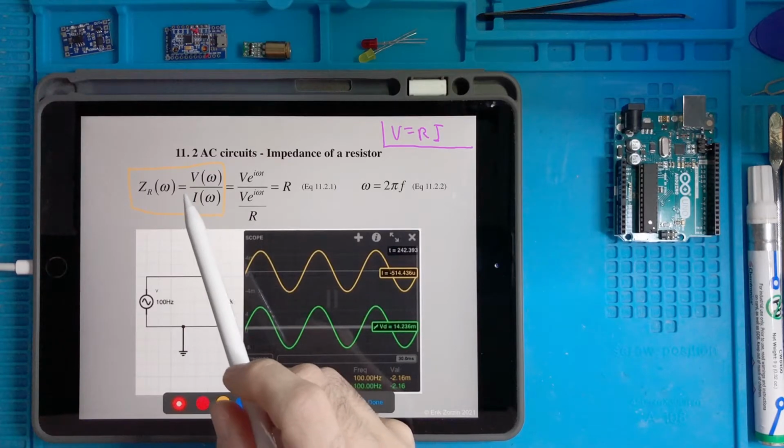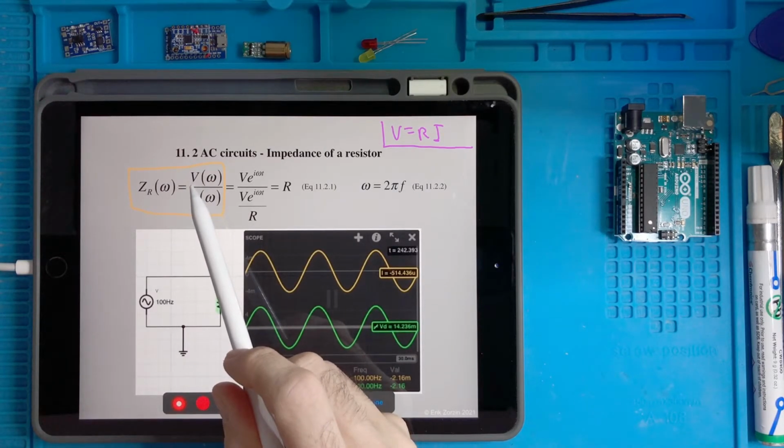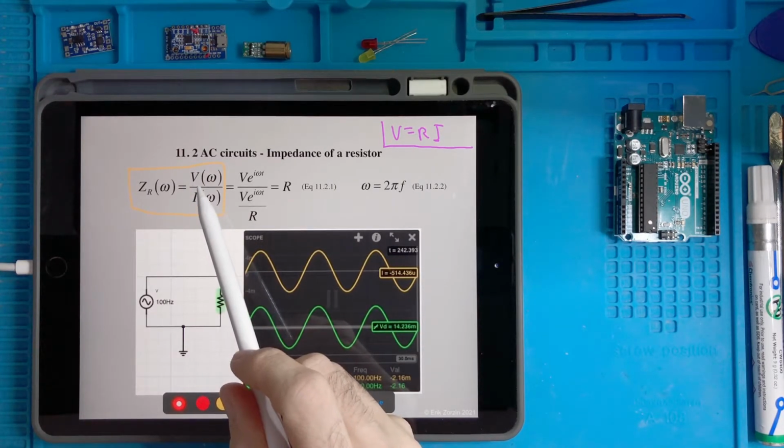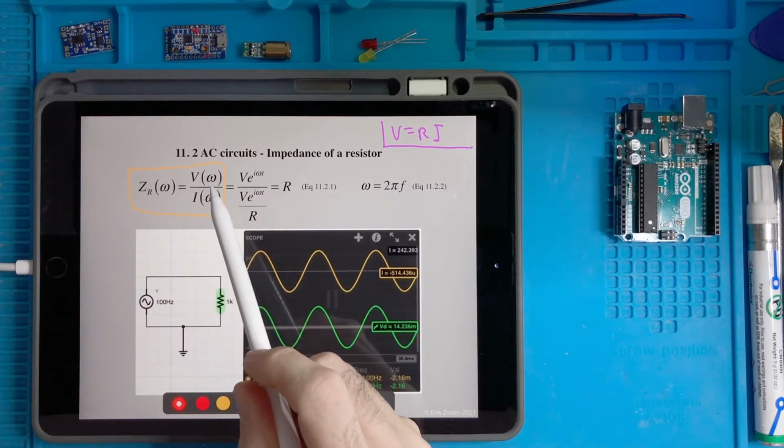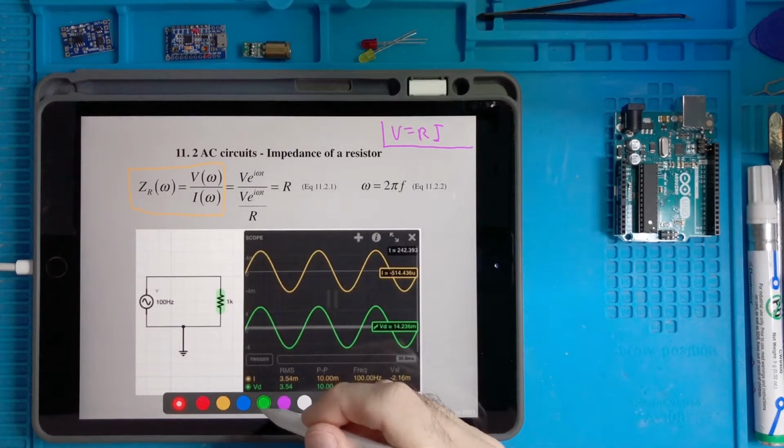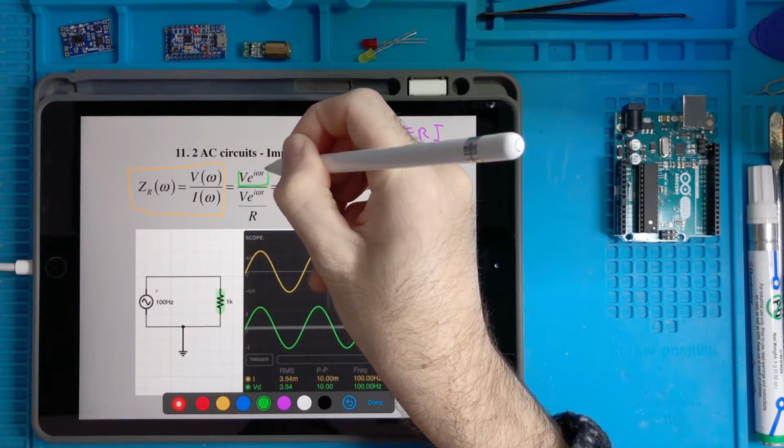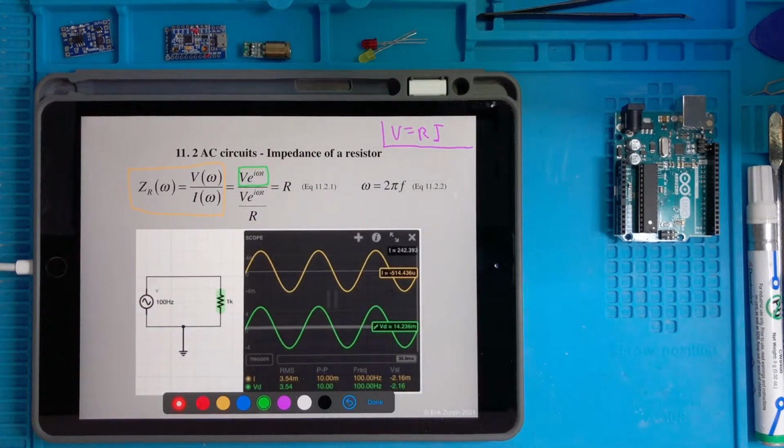So what we consider is that V is not a constant voltage, but something that depends on omega, and we can write it as a phasor. So here we have a sinusoidal written with the Euler formula.